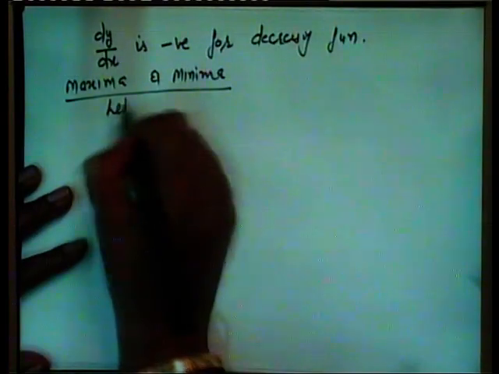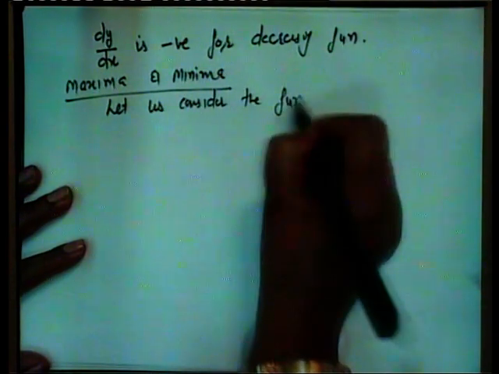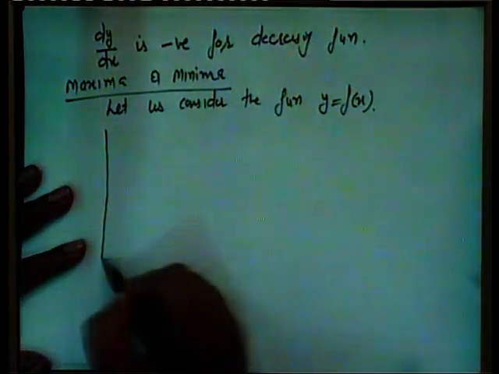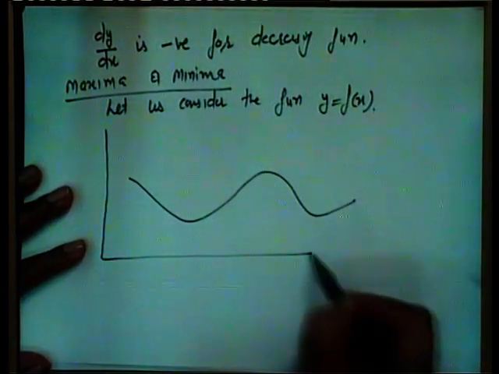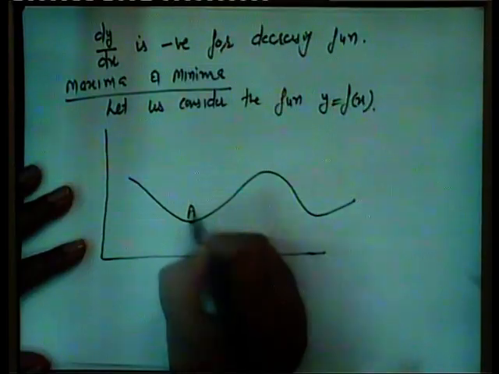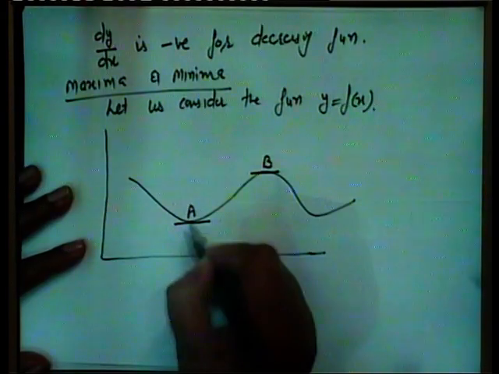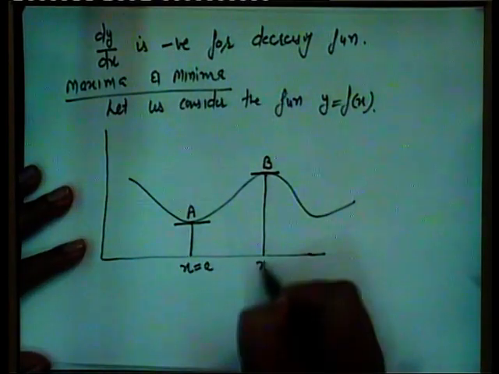Maxima and minima. Now, we will discuss maxima and minima. Let us consider the function y is equal to f(x). Then draw the graph of the function y is equal to f(x). This is point A and this is point B. At the point A, x is equal to a, and at the point B, x is equal to b.